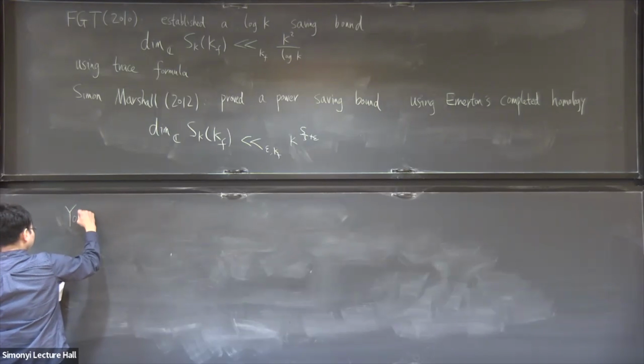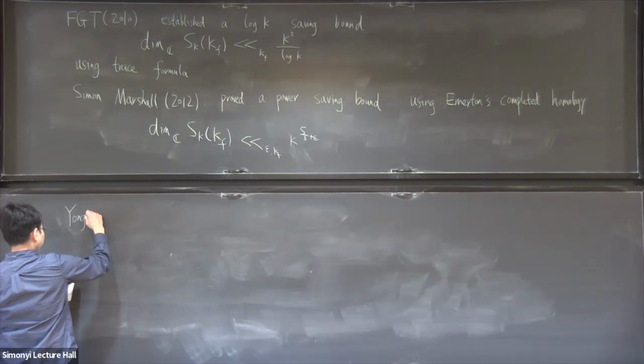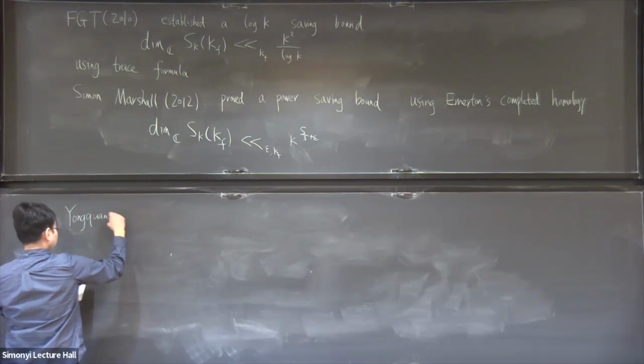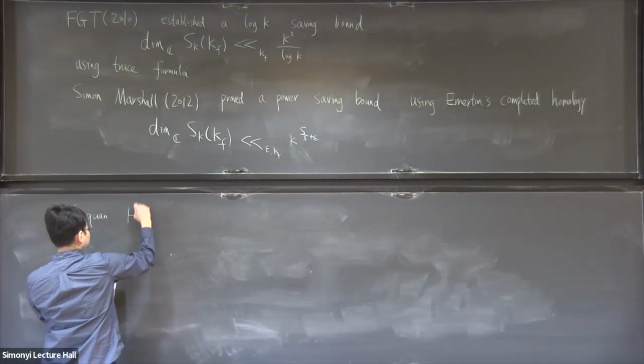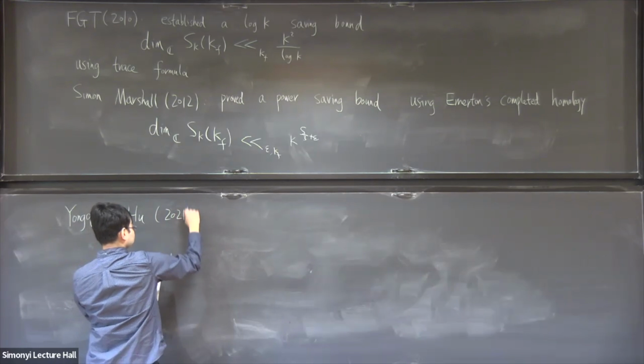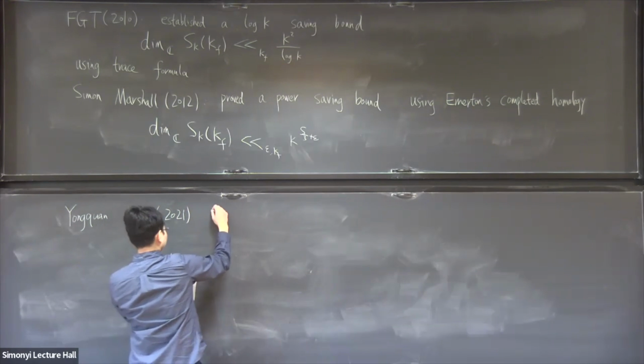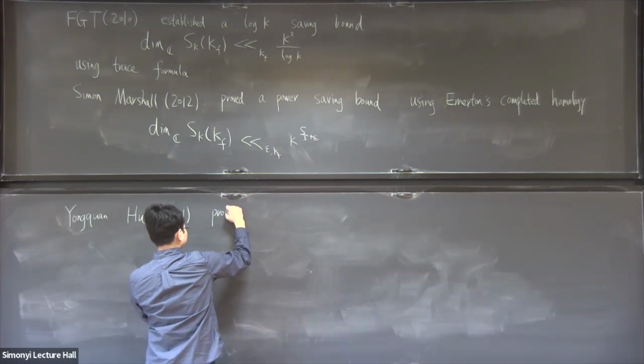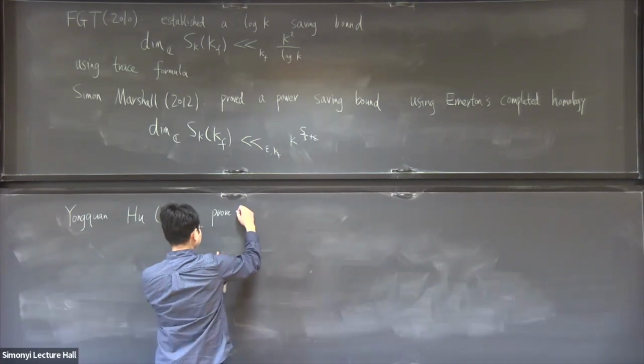Yongquan Wu improved the Simon's bound, and his paper was recently published. He proved a better power saving bound.